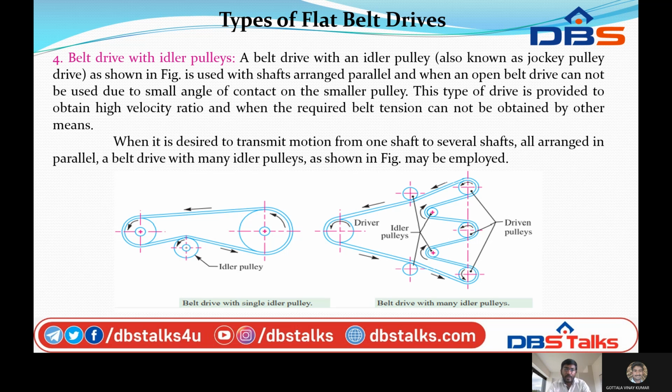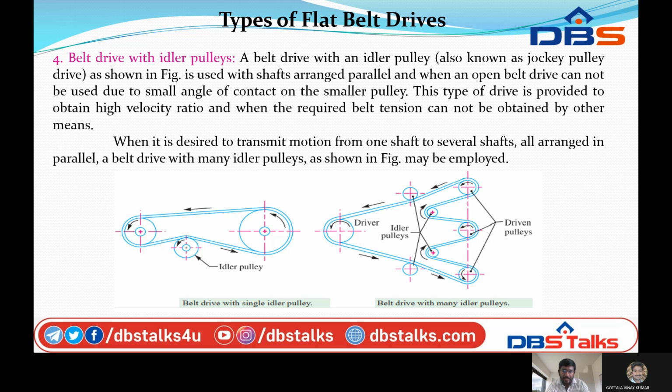As shown in the figure, the shaft arrangements are parallel, and it is used when an open belt drive cannot be used due to small angle of contact and a smaller pulley. This type of drive is provided to obtain high velocity ratio and when the required belt tension cannot be obtained by another means. So we can see the figure.